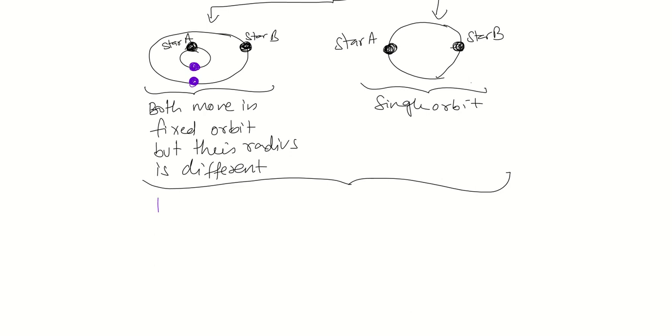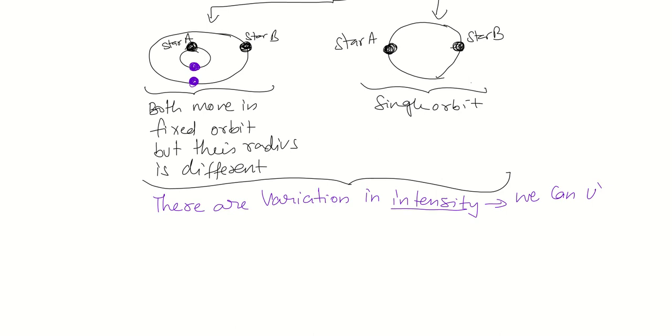So there are variation in intensity, and we can use these properties to study their mass.